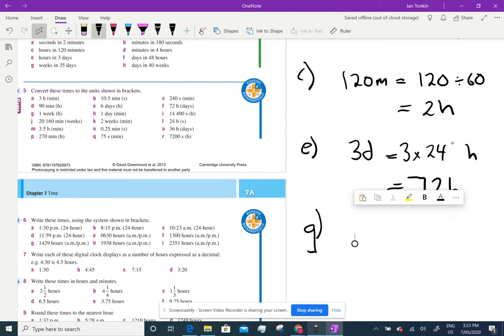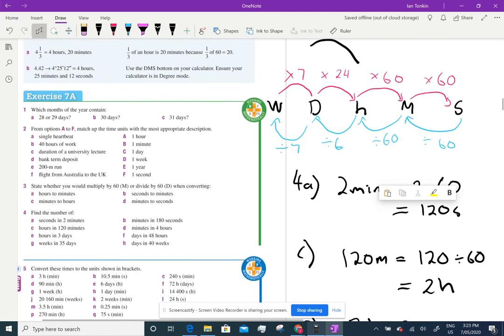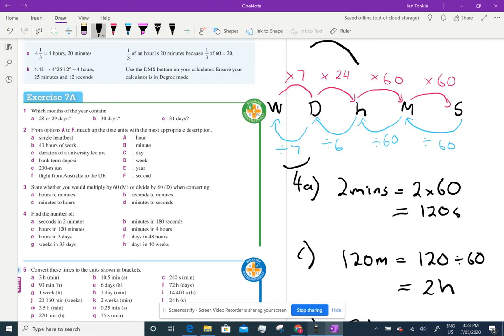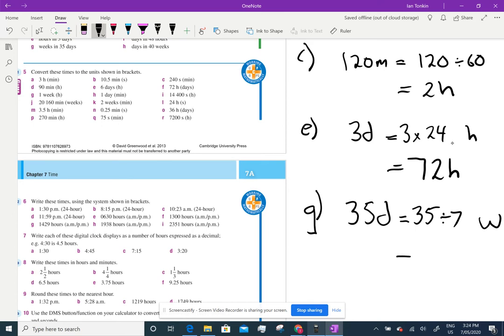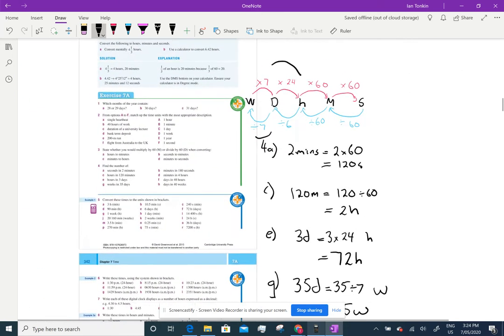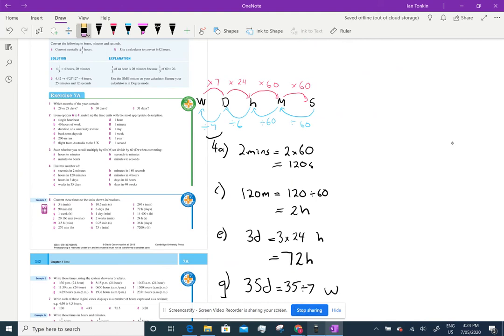I've got 35 days. I want to find out how many weeks. Going days to weeks, I've got to divide by 7. So 35 divided by 7, that'll give me 5 weeks. All right, you can do the other side by yourself. Make sure you check your answers.